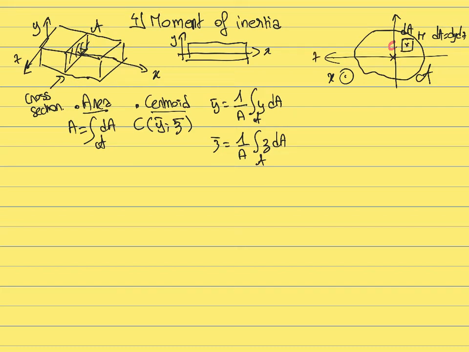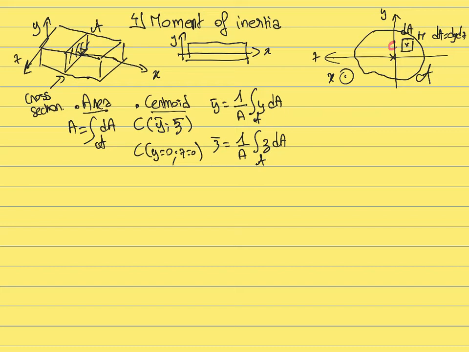This would be axis Z and this would be axis Y, and the point C, the centroid, defines the origin, so that the values of y and z are defined by convention to be 0 at the centroid. We can always define the axes the way we want, but typically we choose the centroid of the surface to be the origin, so that the centroid is located at y equals 0 and z equals 0. And again, this is just because we define the axes like this. We define the axes to have their origin going through the centroid of the cross-section.